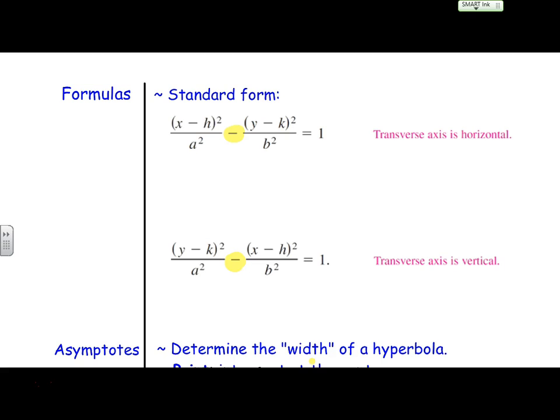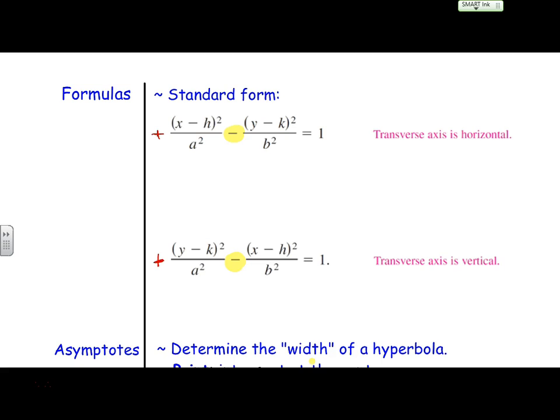No. So instead of switching the A and the B, what switches now for the orientation is the entire x's and y's. What's kind of weird in this one is that you have to pay careful attention to who is understood positive.